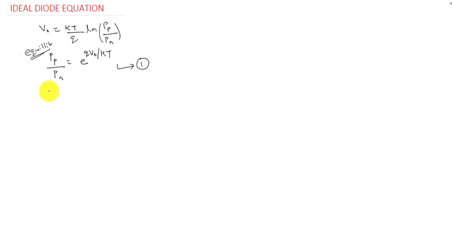So with bias, we have to write an equation for the contact potential and the carrier concentration. So if we consider the PN junction, so this is the PN junction.